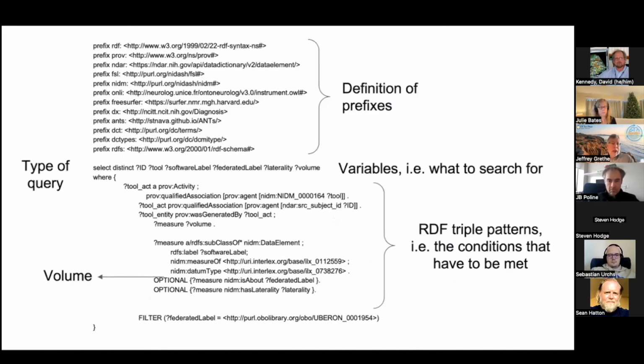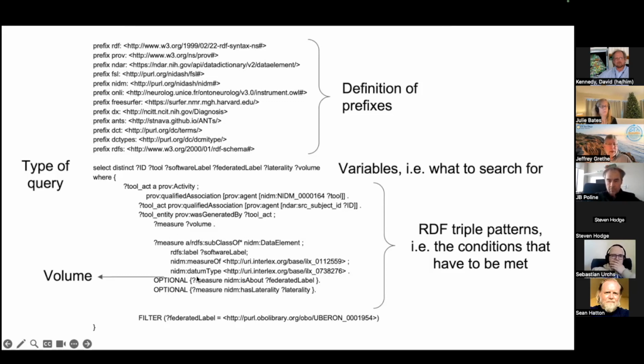Basically, the queries look very similar to SQL queries. As I mentioned before, you have the queries that define how you take something like NIDM colon and expand that. You'll see on here the way to expand NIDM with these prefix definitions. You then basically do a select query where you define the variables, and then you define the graph that you're trying to match.